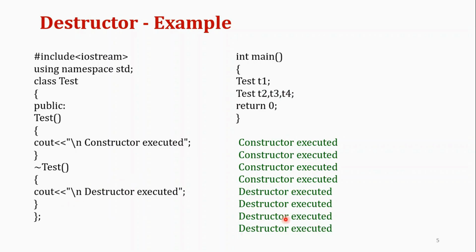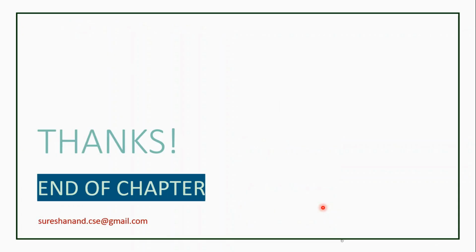That is what is given over here. Constructor is used to allocate the memory, destructor is used to release the memory or destroy the objects. So in this session we discussed destructors in C++. Thank you all.